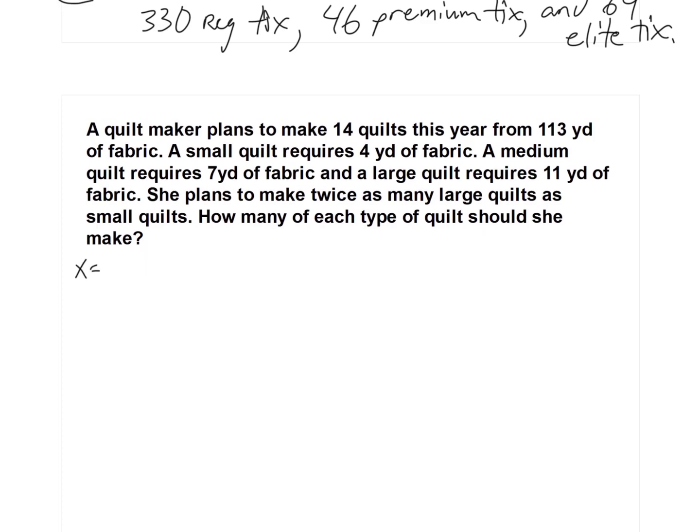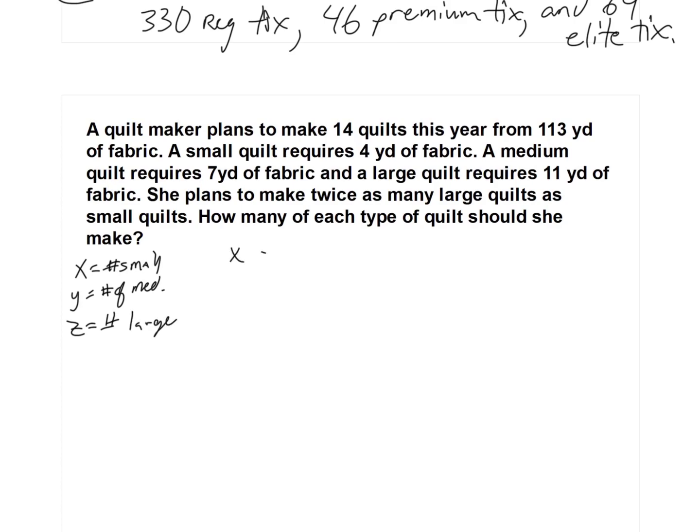It's talking about the yardage of the quilts. But X is what we're looking for. It would be the number of small quilts. Y is the number of medium quilts, and Z is the number of large quilts.